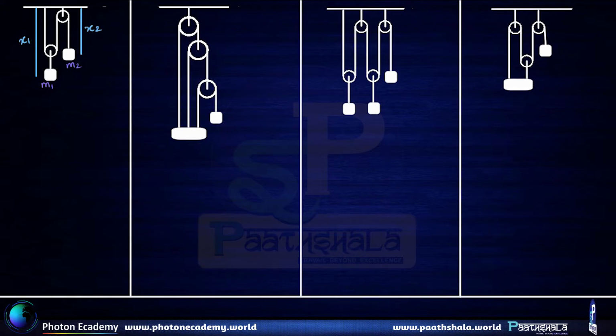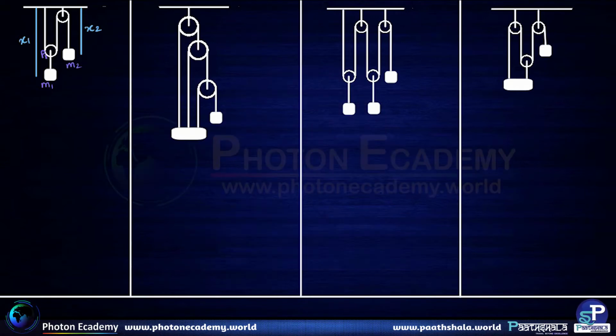The mass m1 is connected to the pulley P1 rigidly. So the variation of the distance of the pulley is going to be as per the variation of the distance of the mass m1. So effectively this distance also happens to be x1.